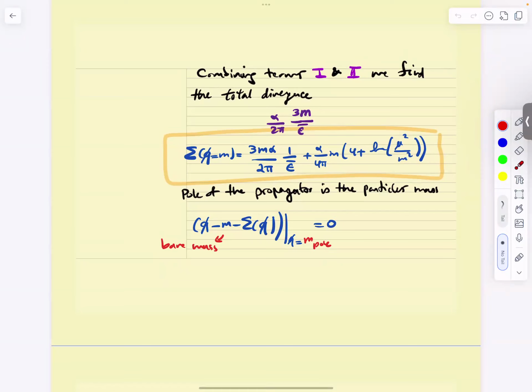What we're after, I erased it, is the renormalization of the mass. What is the renormalized mass? The renormalized mass is the pole of the one loop propagator. Sorry, the pole of the propagator. This is the propagator, right?